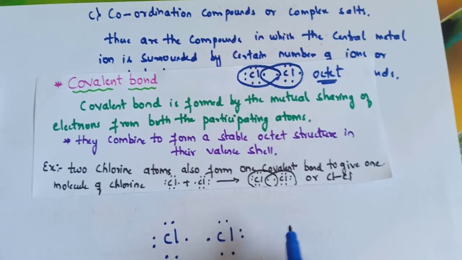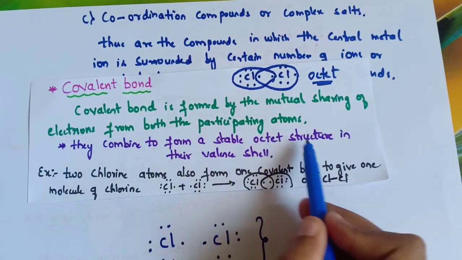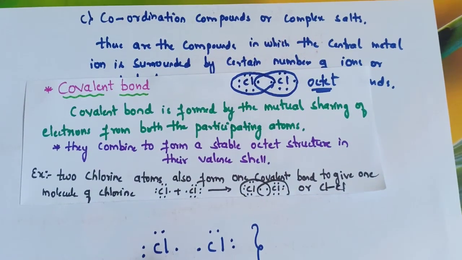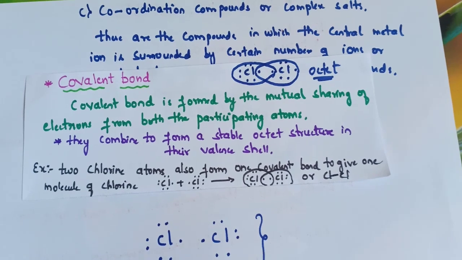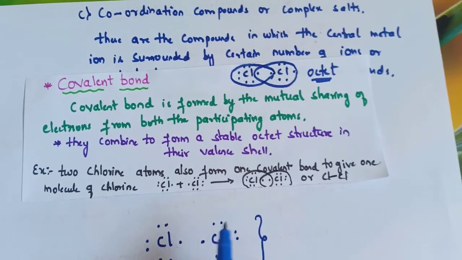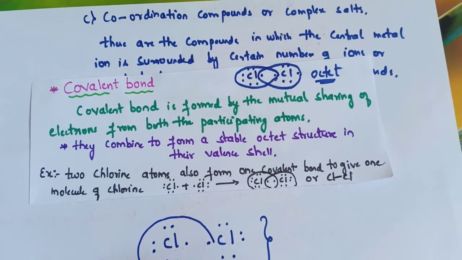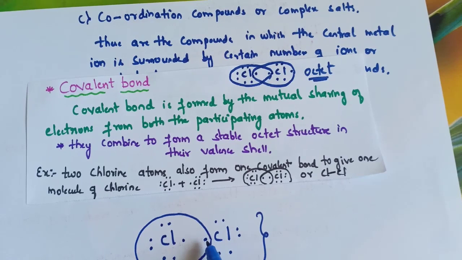When they combine, they form a stable octet structure in their valence shell. To form a stable octet, it needs 8 electrons. Here we can see it has 7 electrons, 1, 2, 3, 4, 5, 6, 7, so it needs another electron. It will take it here, and we can see 1, 2, 3, 4, 5, 6, 7.